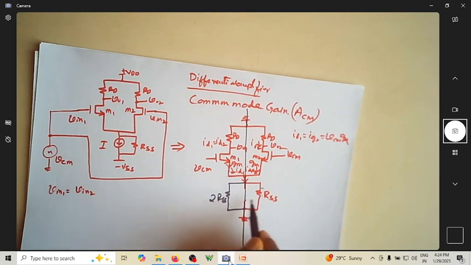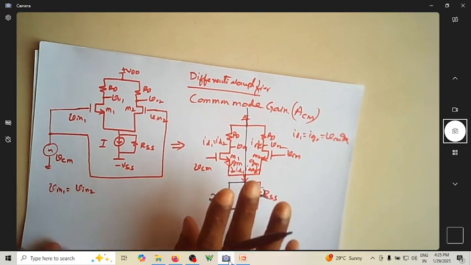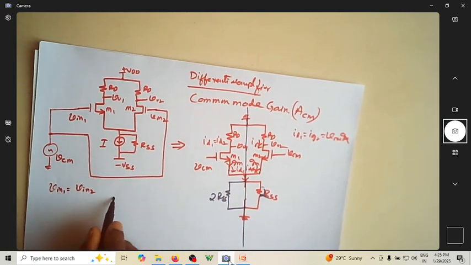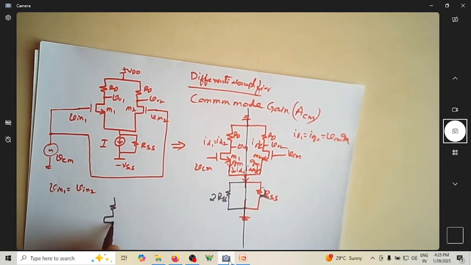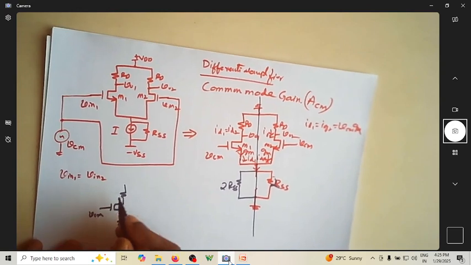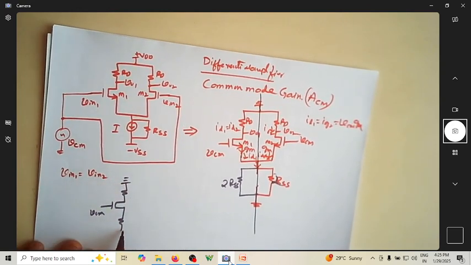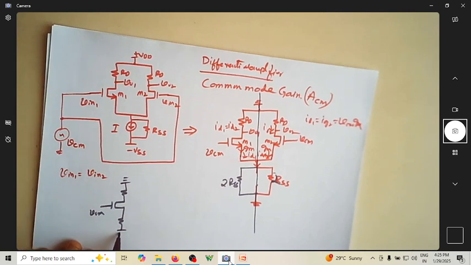So this is now 2RSS and this is again 2RSS. Now the circuit reduces to something like this. So this is my circuit now. This is VCM, this is grounded, and this is again grounded here. This is 2RSS, and this is V01.